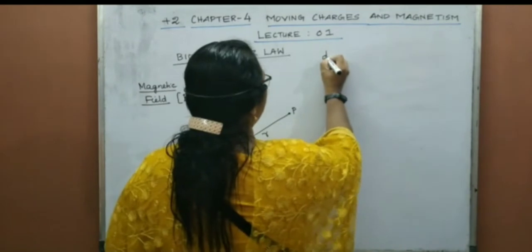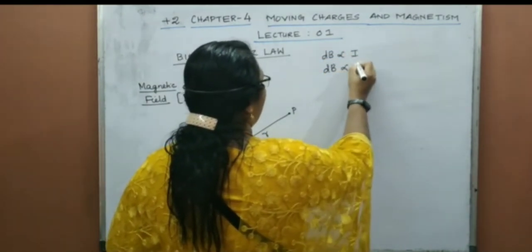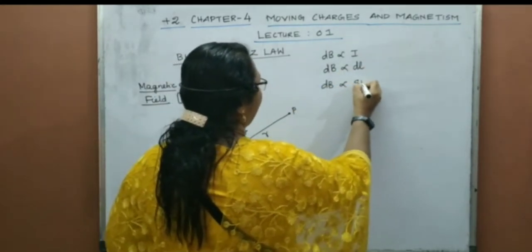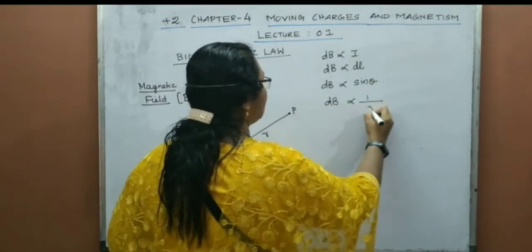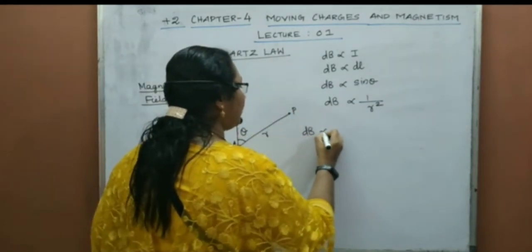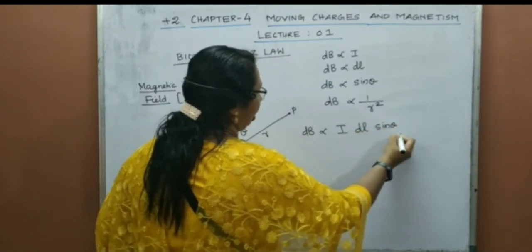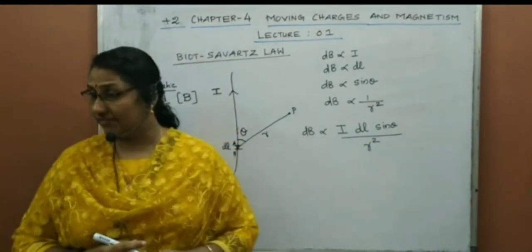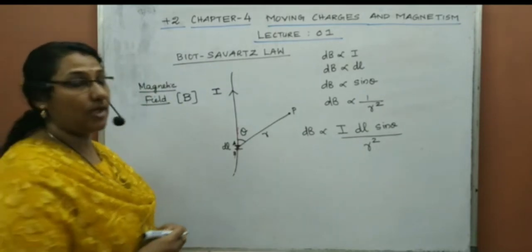Okay, that is dB is proportional to I. dB is proportional to the length of the current carrying segment dl. dB is proportional to sine of the angle theta. dB is inversely proportional to the square of the distance. And all together we can write dB is proportional to I dl sine theta, whereas inversely proportional to r square. So finally we can write dB is proportional to I dl sine theta by r square.